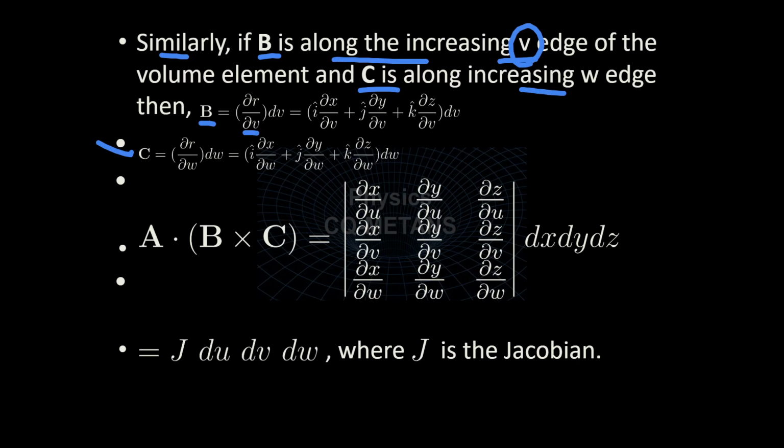Now how can we write A dot B cross C? A dot B cross C can be written in this determinant form. These are the x components: ax, ay, az.